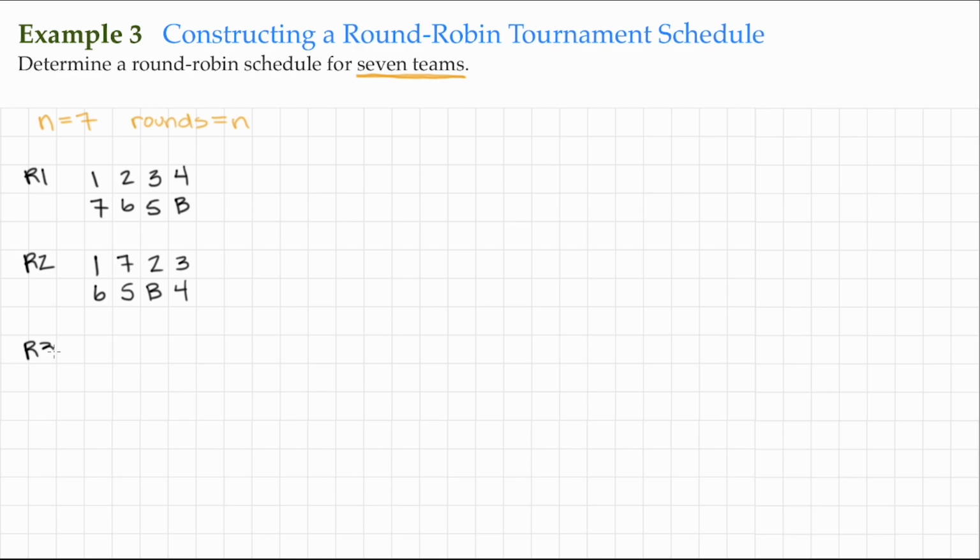Here's round 3. There's our anchor team. We pivot, we rotate. 6, 7, 2, 3, 4, and then the bye, and then 5.